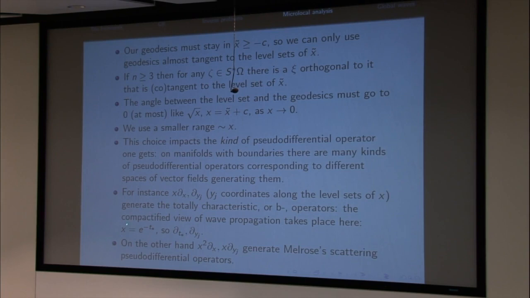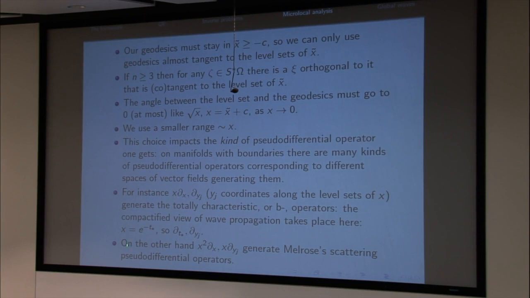One choice you could take is pseudo-differential operators generated by vector fields like this. These are exactly the vector fields tangent to the boundary. The derivative in y_j is just tangent, obviously; it's not doing anything in x. x d/dx is tangent because it vanishes at x equals 0.